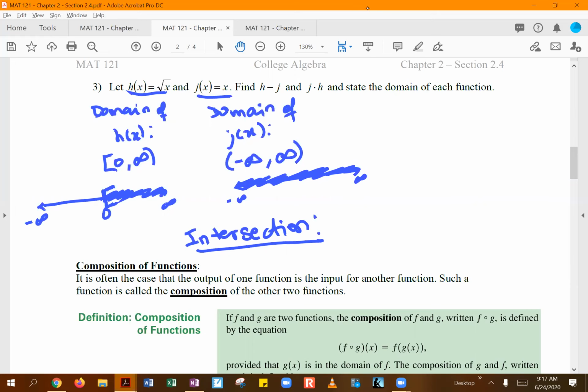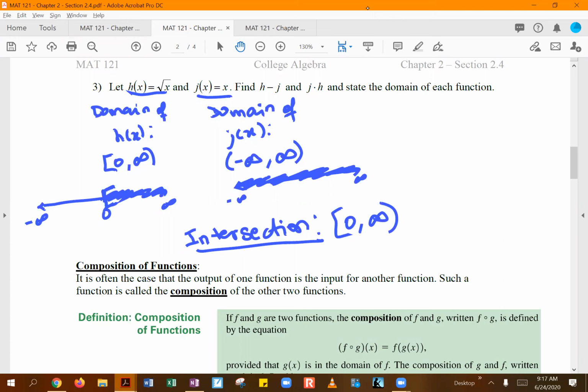Would it be 0, infinity? Very nice, Wyatt. Yeah, that's exactly what it's going to be, because the domain of j of x is the entire x-axis, but h of x is only going from 0 to infinity. So that's the only part that's common between both our domains. So the intersection is going to be from 0 to infinity, including 0.